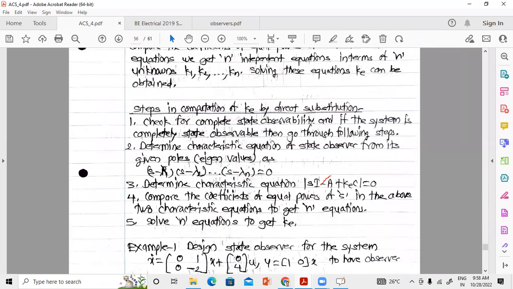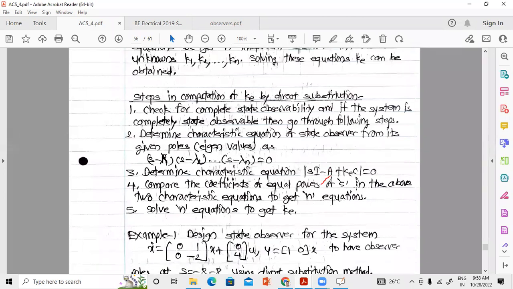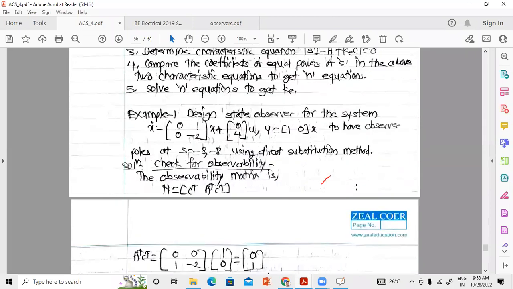If it is not observable, then you can simply say that the observer gain cannot be designed for the system. After that, determine the characteristic equation of the state observer from the desired eigenvalues. Then determine the characteristic equation from the Ke, that is the unknowns. Compare the coefficients and get the answer.